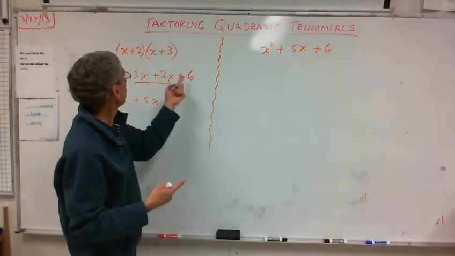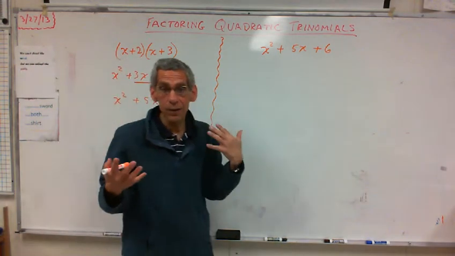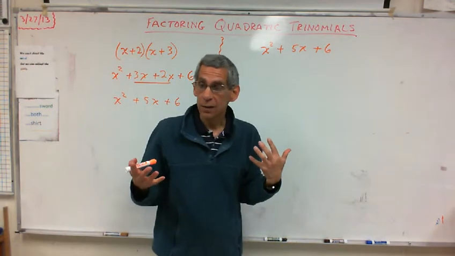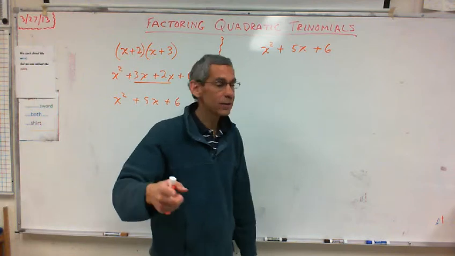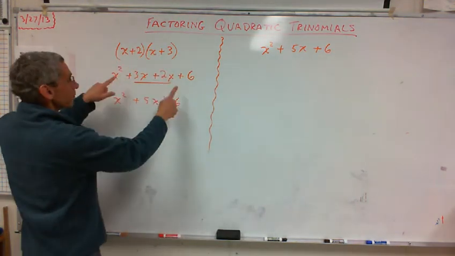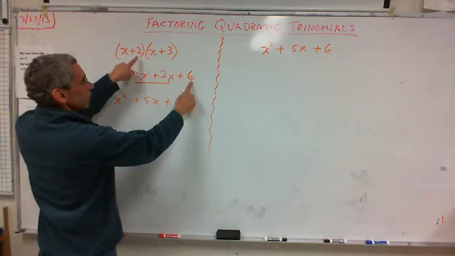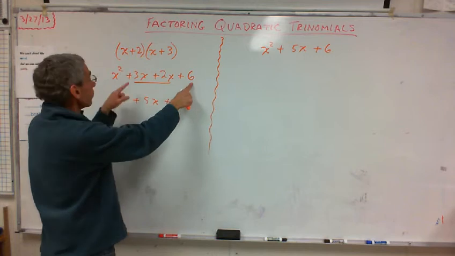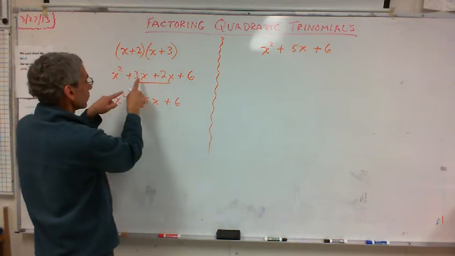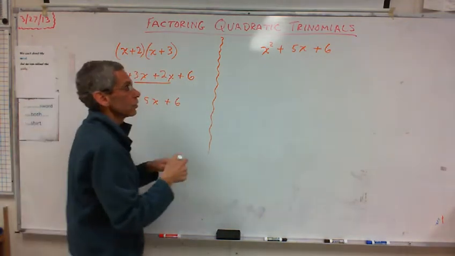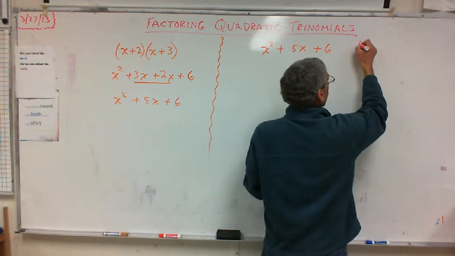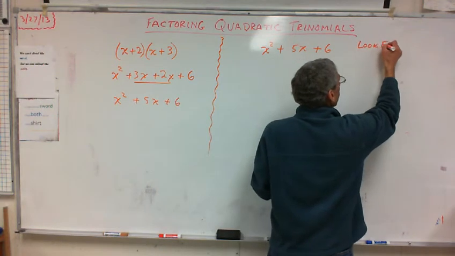So in order to add up to 5, those last two numbers have to be factors of 6 that add up to 5. Look at this for a second. 2 times 3 is equal to 6. But 2 plus 3 is equal to 5. So this is what you're looking for. Look for factors of C that add up to B.